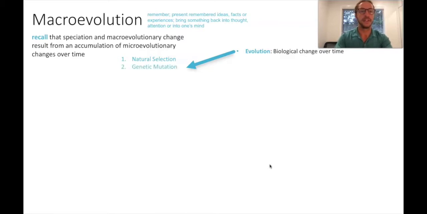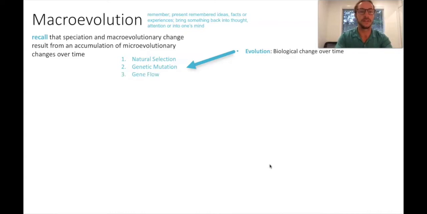Secondly, we have genetic mutation. And a mutation is a random and permanent change in the genetic code of an organism that may result in a selective advantage for that particular species.